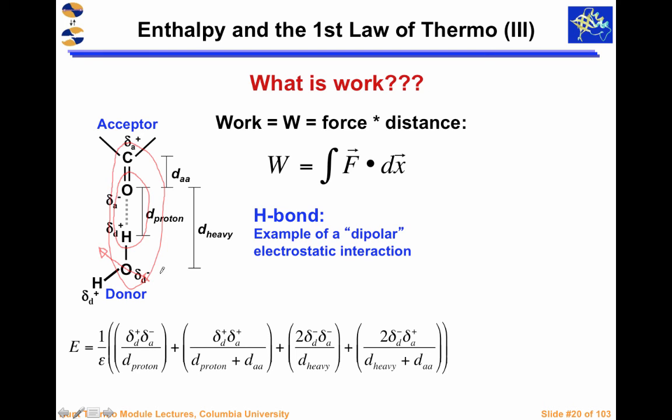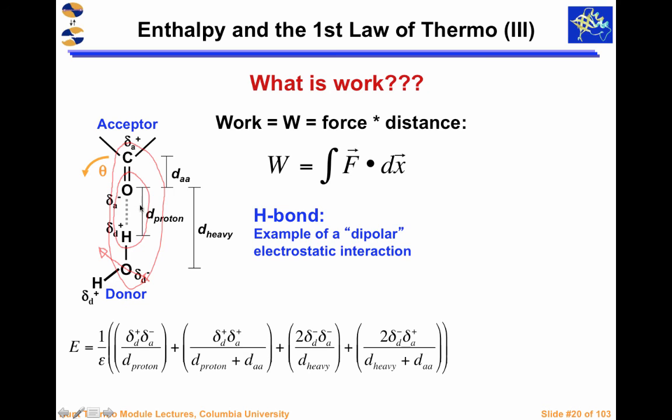Of course, all of these are inversely proportional to the distances. The shortest distance here is that between the hydrogen donor and the acceptor atom. This is the smallest distance, therefore it will have the largest magnitude, and the hydrogen bonding energy is dominated by this term when the hydrogen bonding groups are in this orientation.